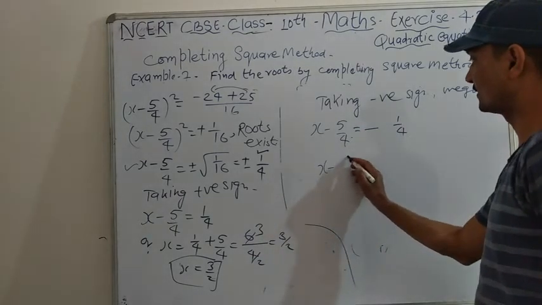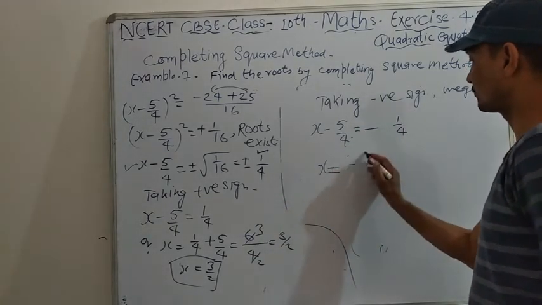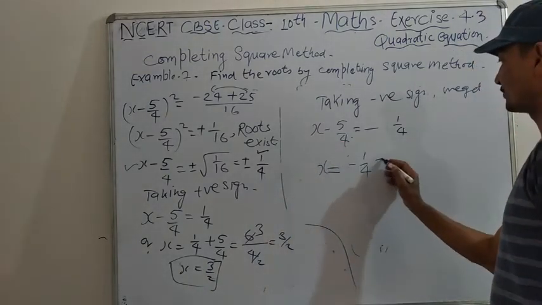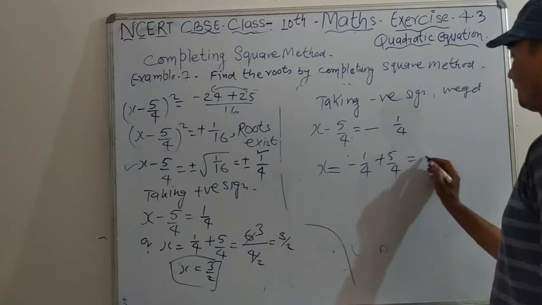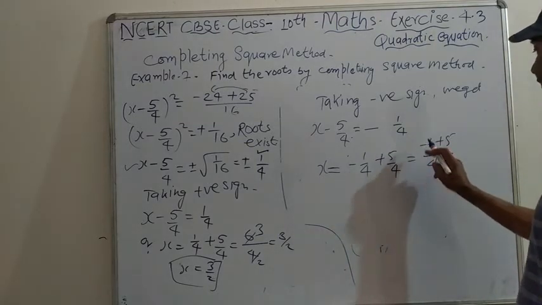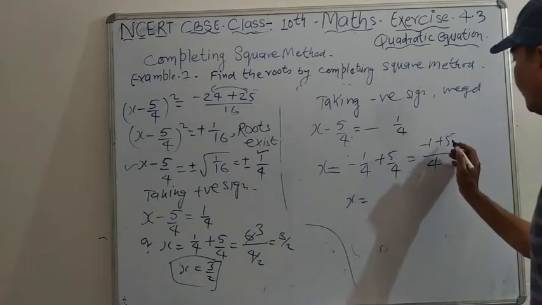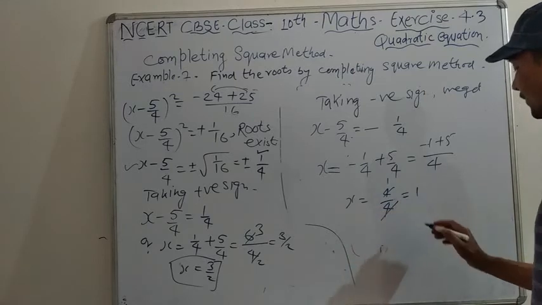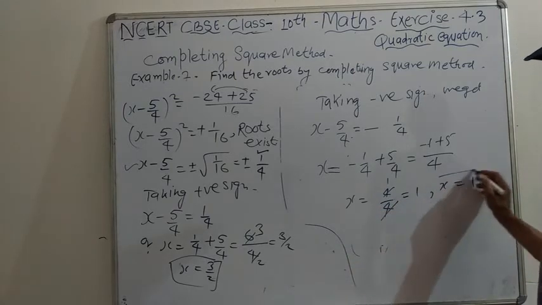So x equals minus 1 by 4, and this minus 5 by 4 transposed becomes plus 5 by 4. LCM 4: minus 1 plus 5, so x is coming 5 minus 1, which is 4 by 4, that means 1. So x is getting 1.